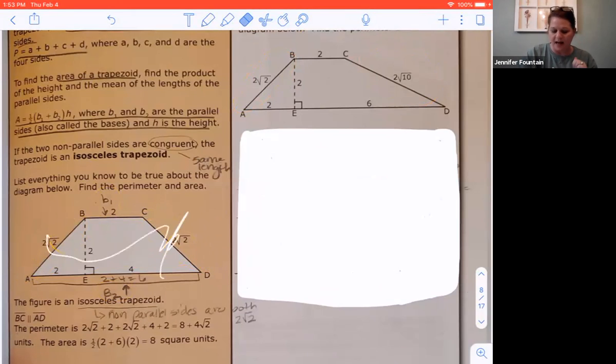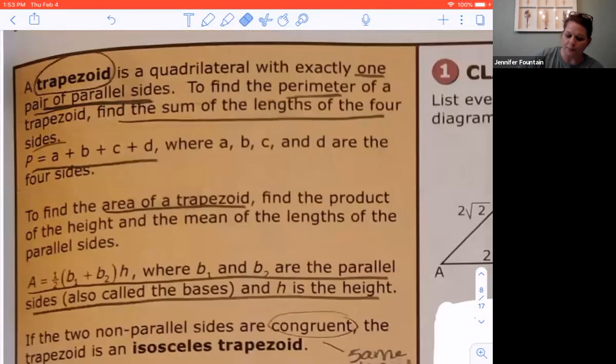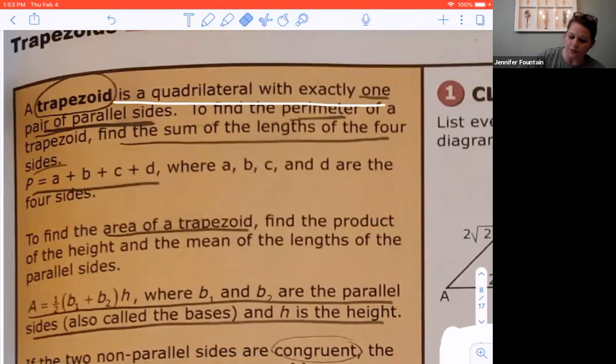So now lesson 85, going back to our notes about trapezoids. Okay, and it says a trapezoid is a quadrilateral with exactly 1 pair of parallel sides.